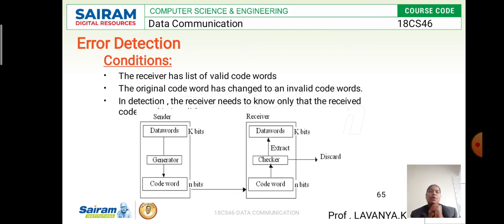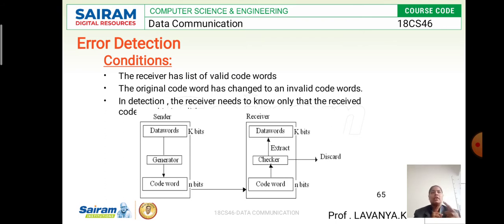In block coding, whatever the message or data is, it is divided into blocks, and each block is considered as k bits. That k-bit block we call the data word. Then what is r? r stands for the redundant bits.